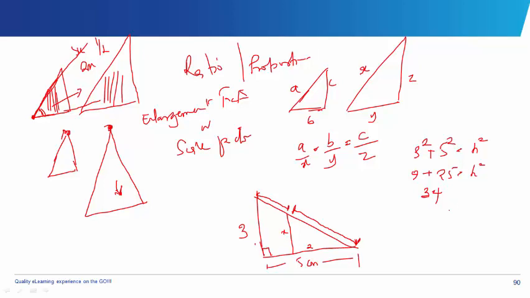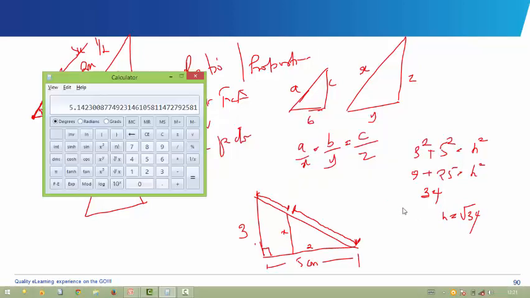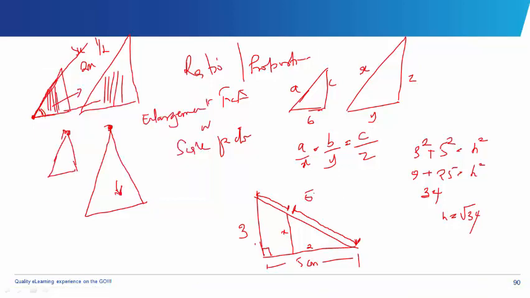So our hypotenuse would now be equal to the square root of 34. Now what's the square root of 34? Let's use our calculator. 34, and find the square root. And that is 5.83. So here would now give us 5.83 cm.